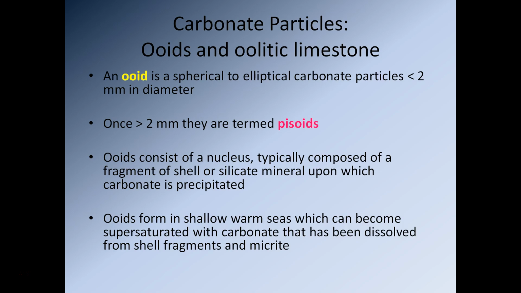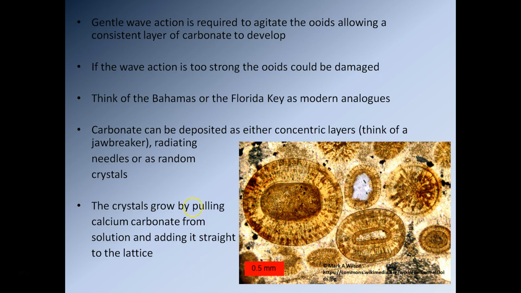So if you just have a little piece of shell, then the carbonate will naturally leave the seawater and begin to precipitate onto the shell and form a layer. Because you're in these nice, gentle, shallow, warm waters, the wind will obviously move the water around, producing waves, and those waves will move the ooids around. So the ooids get rolled backwards and forwards in this very lightly agitated water.